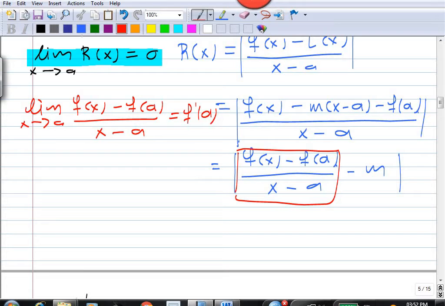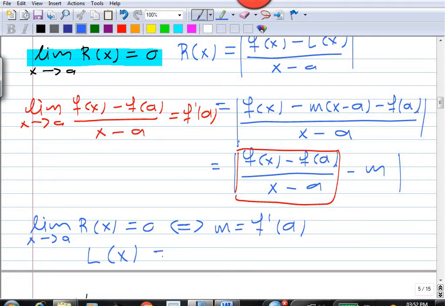So from this we see that the limit as x goes to a of the relative error is 0 if and only if m is the derivative of f at a. So in other words, L of x must be f prime of a times x minus a plus f of a.